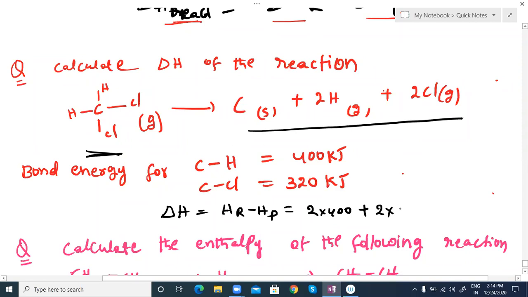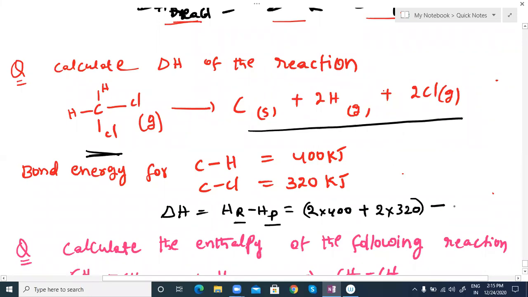2 into 320. The sigma of reactants minus sigma of products. Among the products, hydrogen is in gas state, Cl is in gas state, carbon is in solid state. This is the standard state.